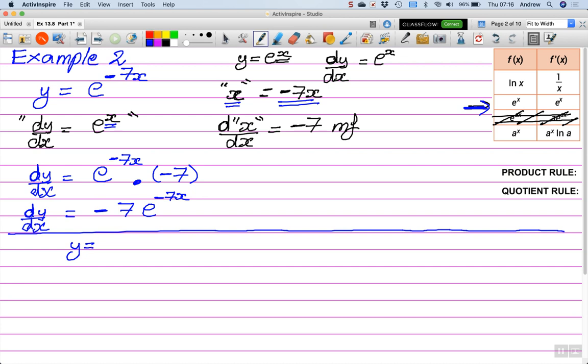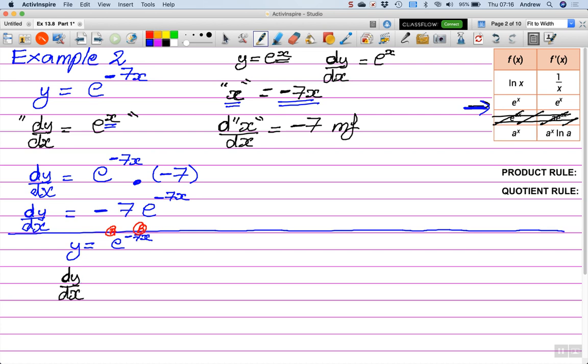Y is equal to e to the minus 7x, and this is my priority A function, the e function, and this is my priority B function. So now I'm going to, and you should listen to my language, my language is I'm going to differentiate the left-hand side. When I differentiate y with respect to x, I get dy dx.